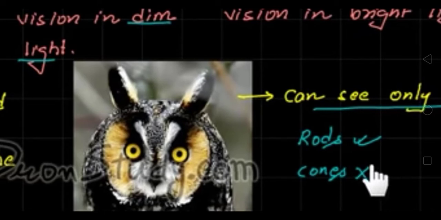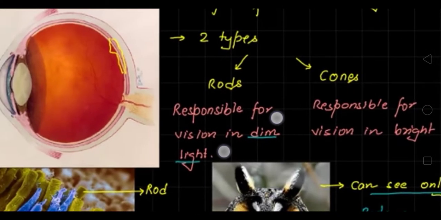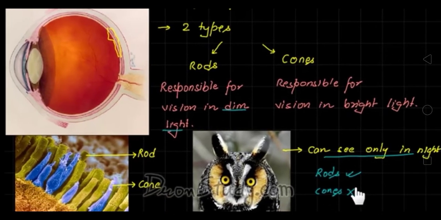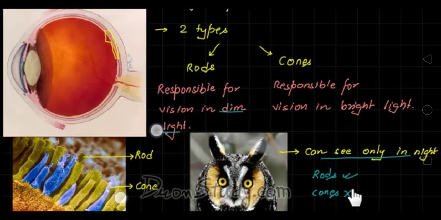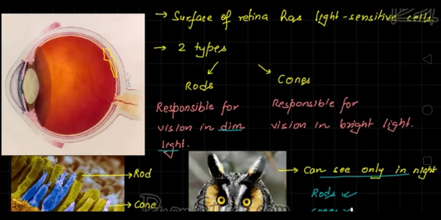The rod shaped cells help the owl to see in dim light, because the rod cells are responsible for vision in dim light and the cones are responsible for vision in bright light. As you see here, the rod shaped cells and the cone cells are present in the retina layer. They are called the photoreceptors.